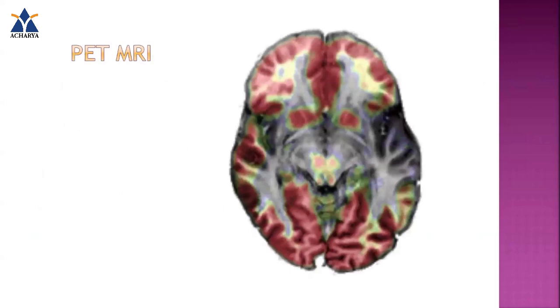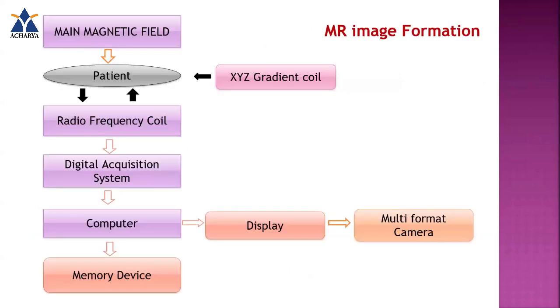Now we are coming to the PET MRI, another imaging modality. Already we have seen about the PET, how the image is getting formed. A quick review of how the image is formed in the MRI. In the MRI, in the magnetic field, the radio frequency coil is giving the radio frequency wave.